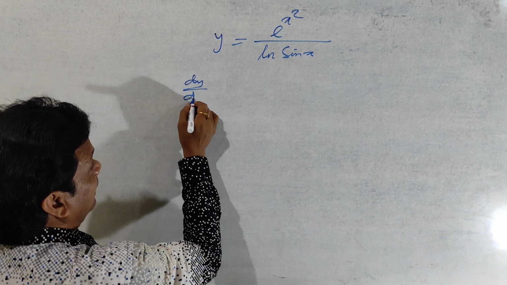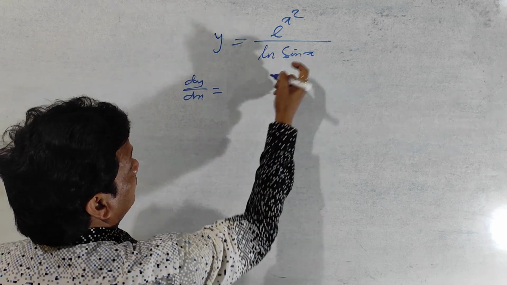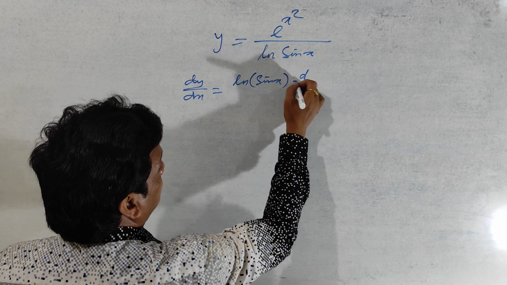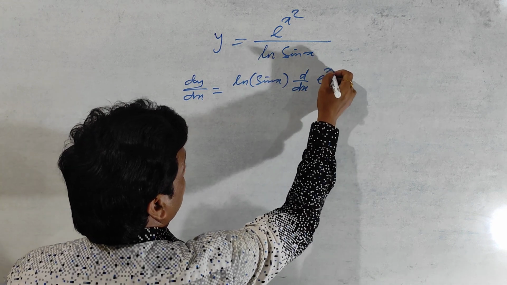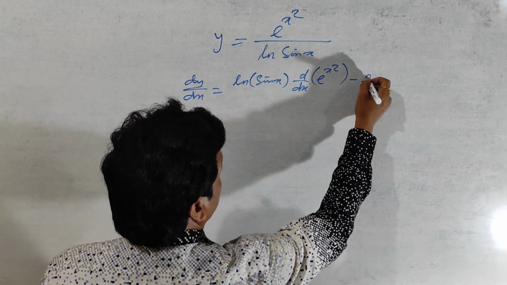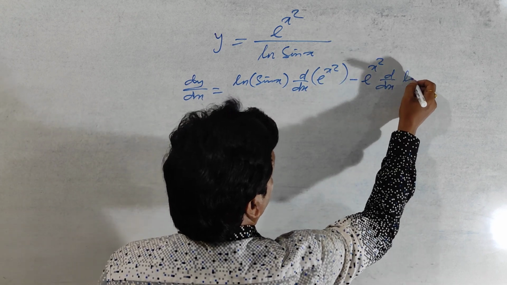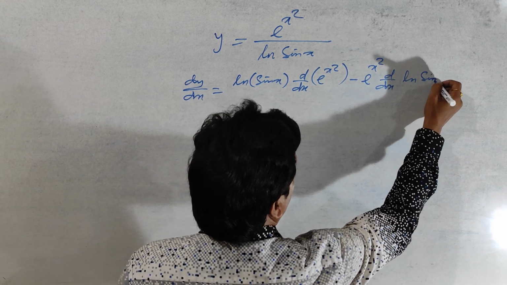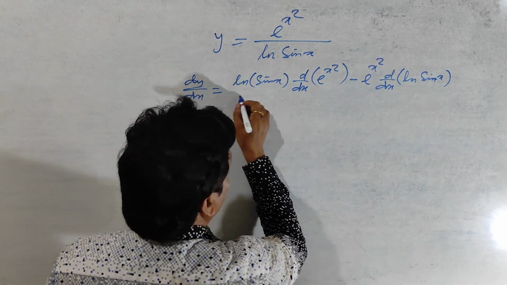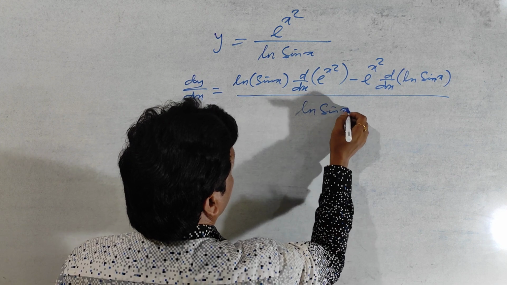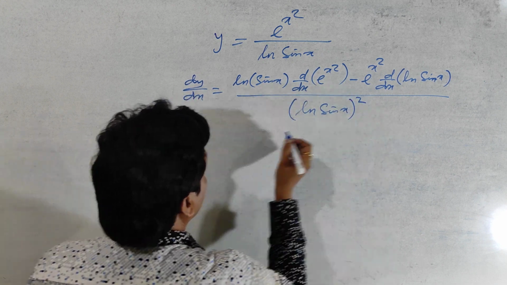So see here, dy by dx is v, ln sin x, into the derivative of u, where u is e to the power x square, minus e to the power x square into the derivative of v, that means ln sin x, whole divided by v square. V square is the square of ln sin x.